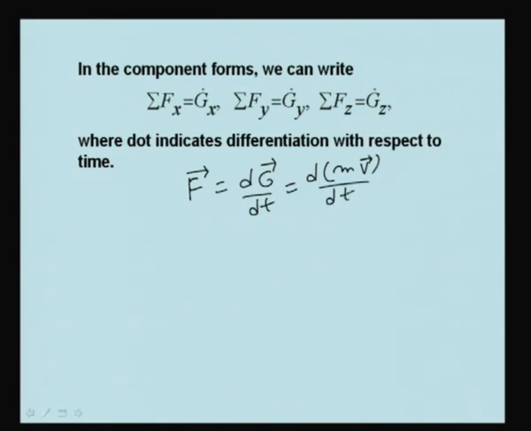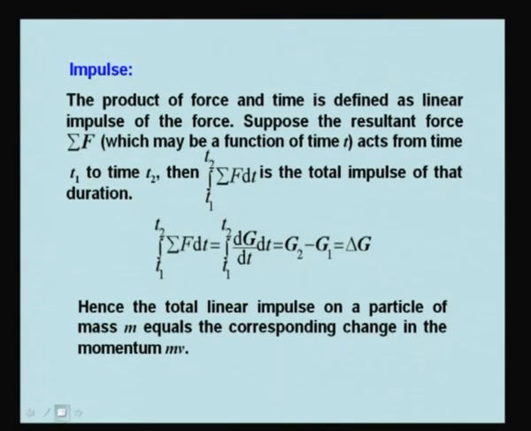If you have a situation in which mass is changing, like in a fluid mechanics problem in a control volume, but velocity remains the same, then you can have dm by dt into v, which is m dot v. But in this course mainly we will be discussing rigid body behavior.